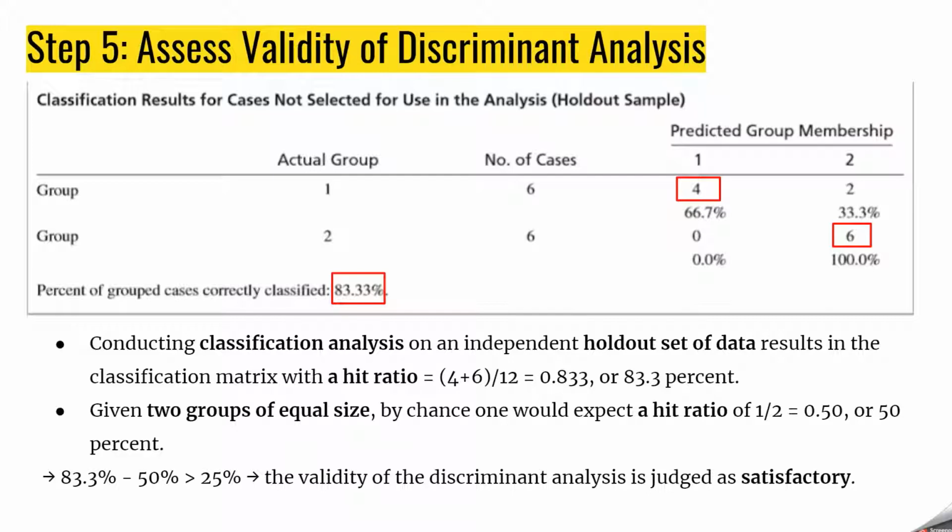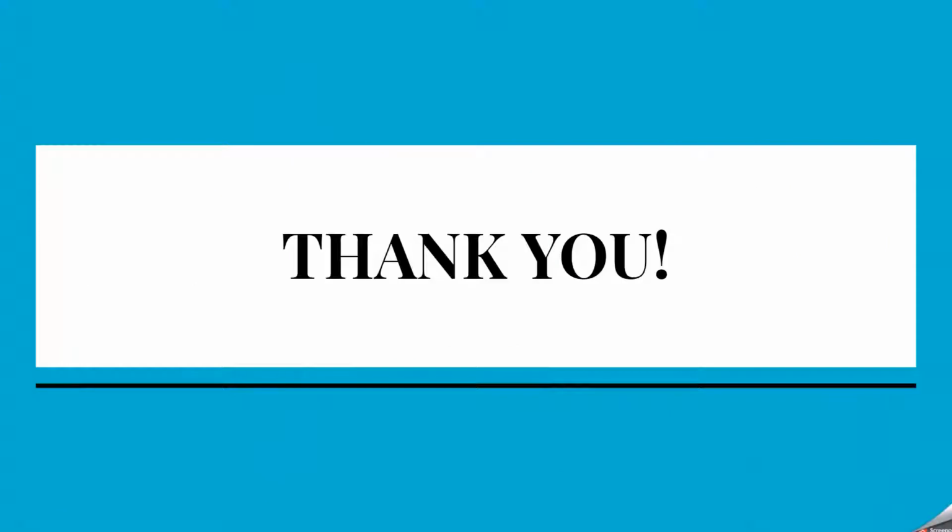So 83.33% minus 50% gives a number larger than 25%. You can say that the validity of the discriminant analysis is judged as satisfactory. So this is the end of my presentation.